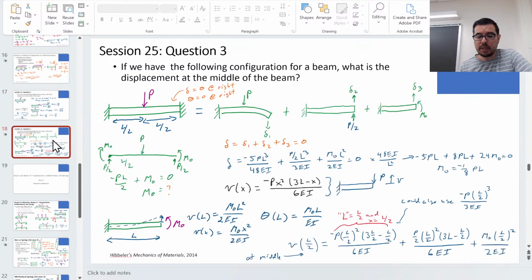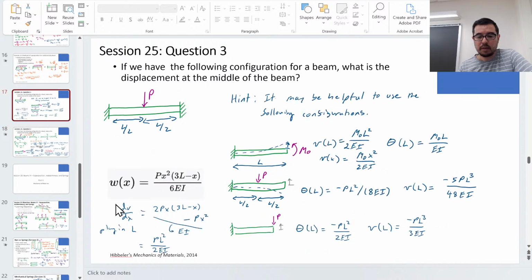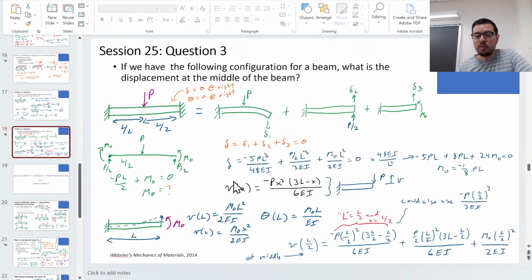The problem is not as clear as... Oh, okay, yeah. All right, so I apologize. This expression I gave you is the expression for this configuration. So we can use it.